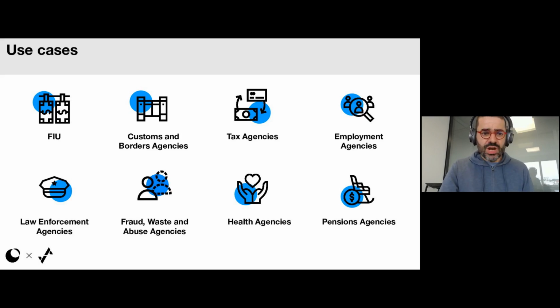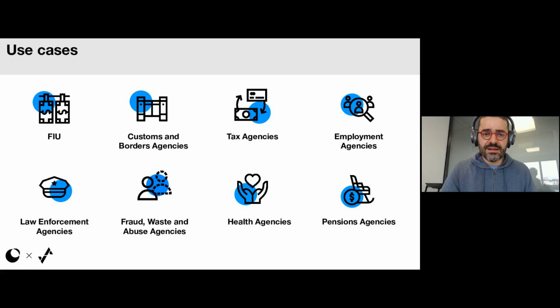And this challenge is something that exists across multiple types of institutions within our government. For example, financial investigation units need to process suspicious activity reports that are related to money laundering and terrorism funding. Tax agencies are leading the fight against tax evasion. And then the employment agencies, health agencies, and pension agencies are all allocating big sums of money related to social benefits.